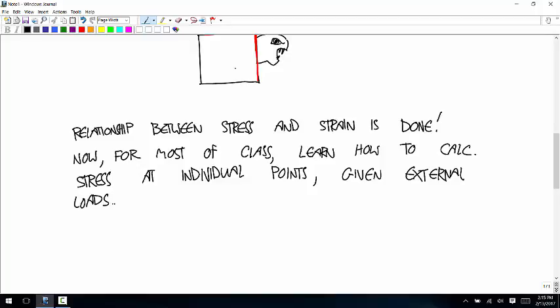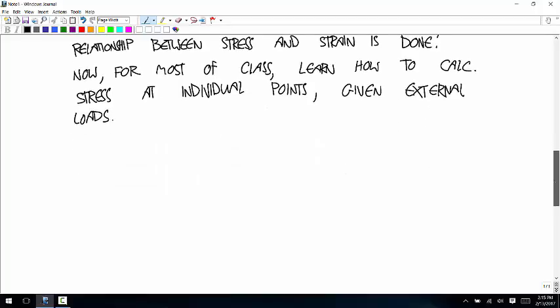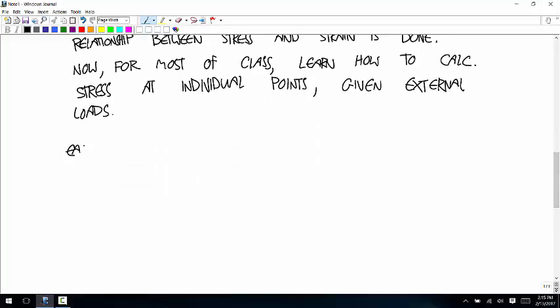The first one and the easiest one to deal with is if you have an object that's loaded according to the rules of stress elements, of those stress cubes. So the easiest case: objects loaded like a big stress element.